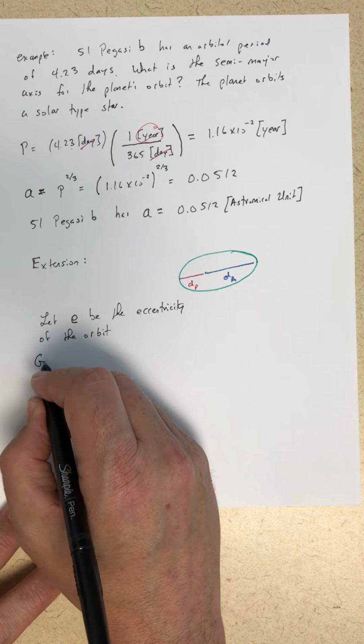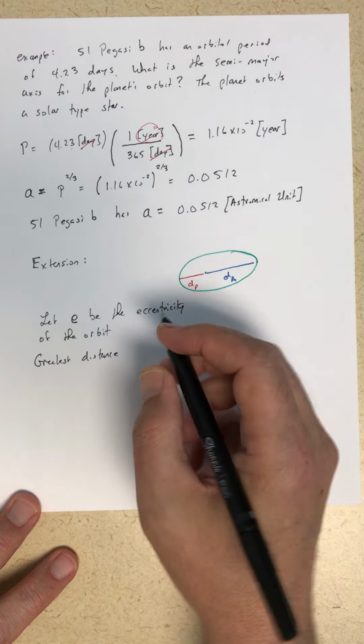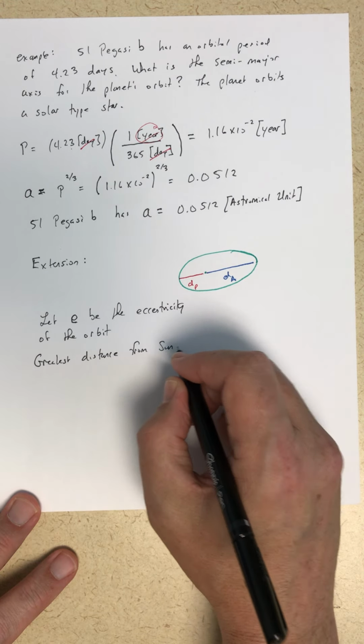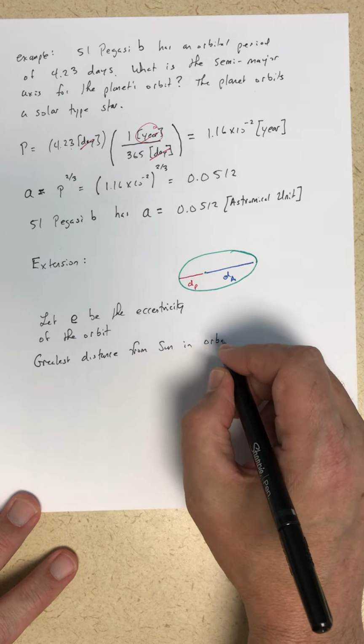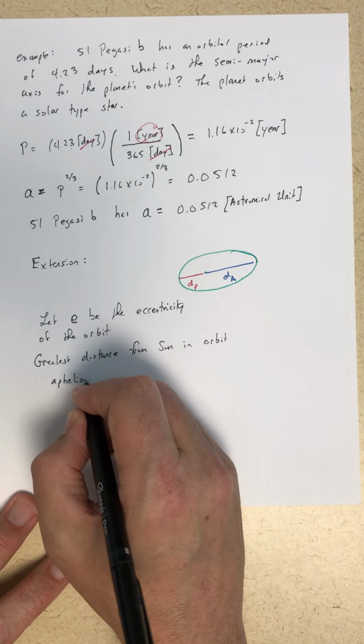So the greatest distance from Sun in that eccentric orbit is the aphelion distance.